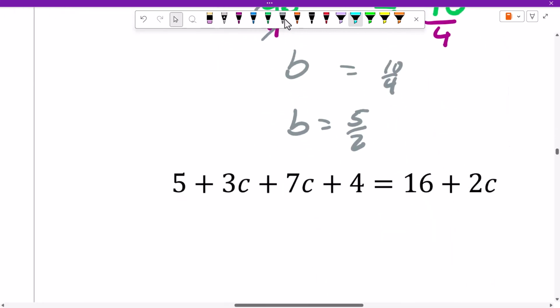Okay, so the next one, slightly trickier. I'm going to ask you for now, split at the equal sign, ignore this side. Can you simplify this side for me? Just simplify that. Collect the C's together, collect the numbers together. What do you get?